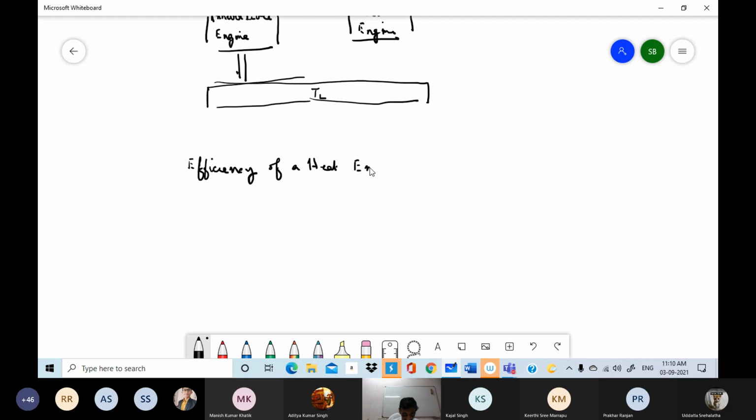Of a heat engine is, the efficiency of anything is the useful output divided by the input which has to be provided in order to get that output. So the energy sought is the work.